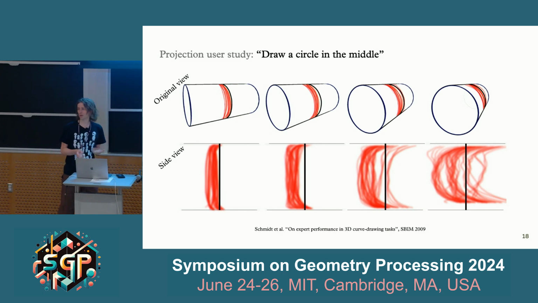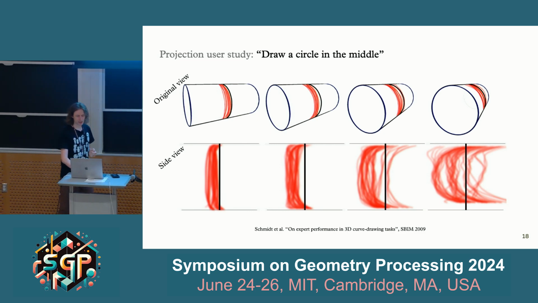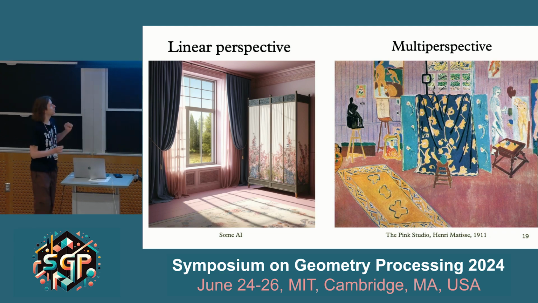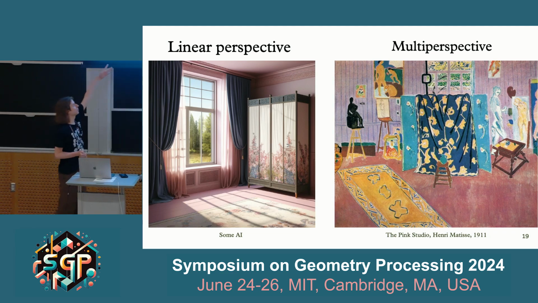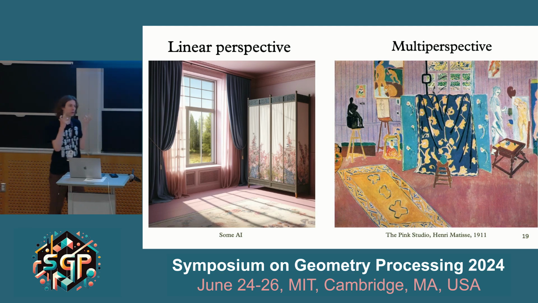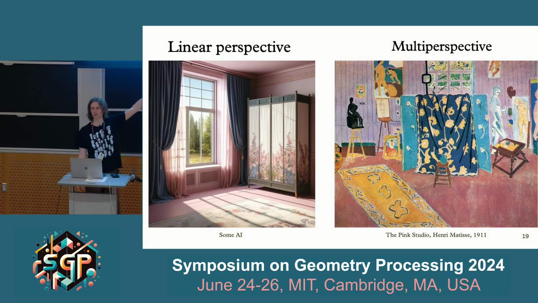So it's a known phenomenon. People don't understand perspective well. And even if they did, they're sometimes not even trying. For what you expect in a photograph, you would expect some kind of orthographic projection or perspective projection, something of that sort. That's on the left. And on the right, that's what you get from an artist, right?